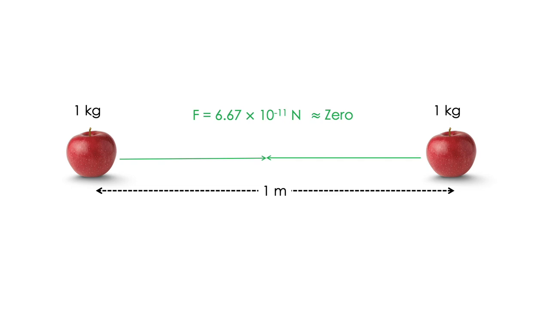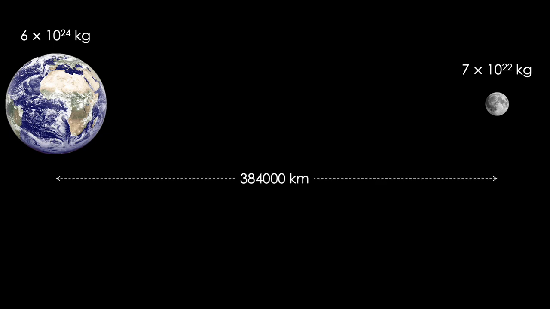But these were two small masses. What about two large masses such as the Earth and the Moon, whose masses are 6 into 10 raised to 24 kg and 7 into 10 raised to 22 kg? The distance between the Earth and the Moon is 384,000 kilometers.